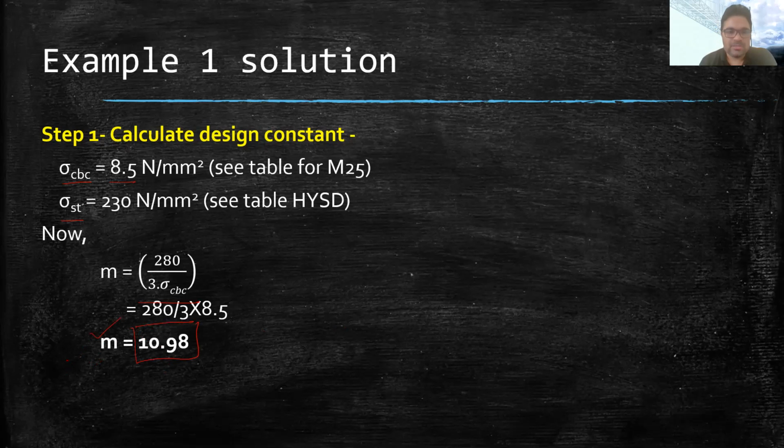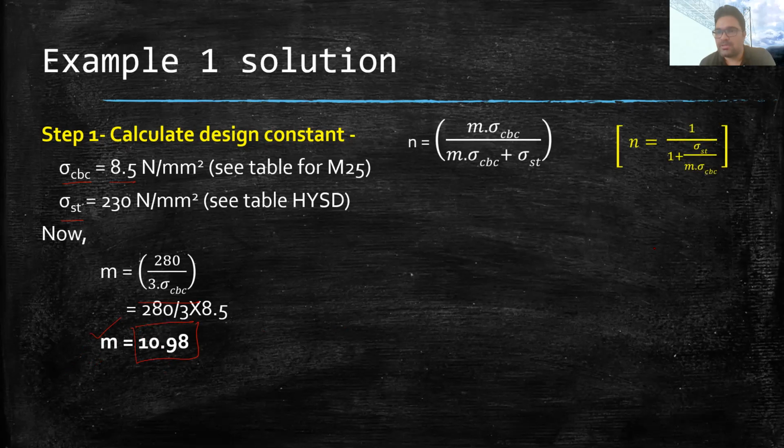Now we are required to find out N. N is called the neutral axis coefficient. You may be aware of this relation. I have discussed this relation in the previous lecture. So N is equal to 1 by 1 plus sigma ST upon M into sigma CBC.